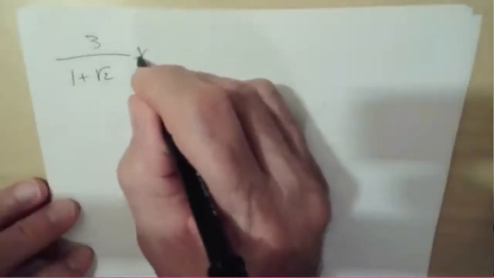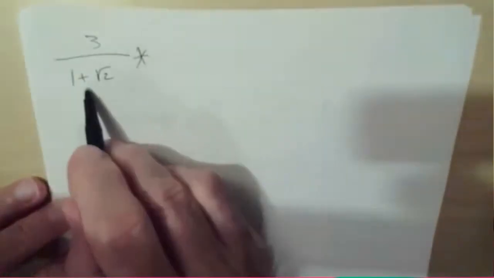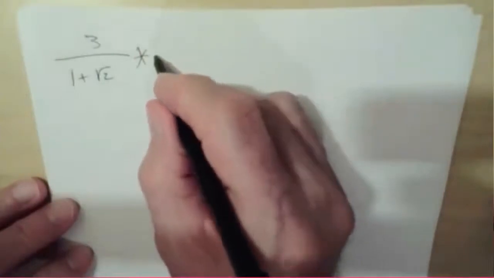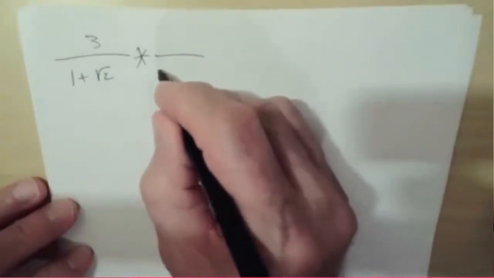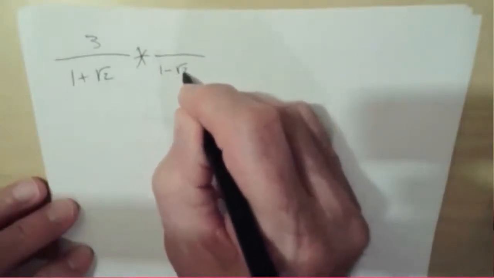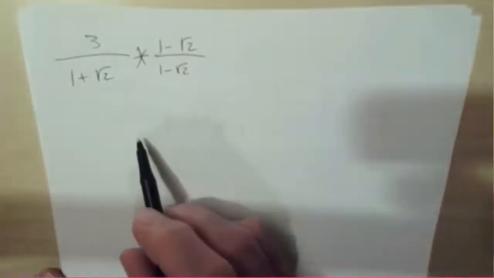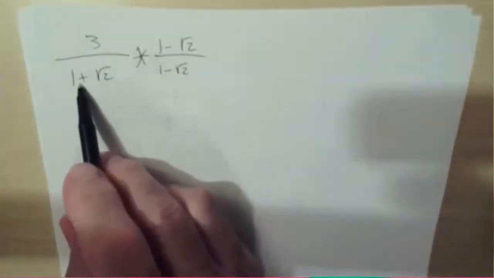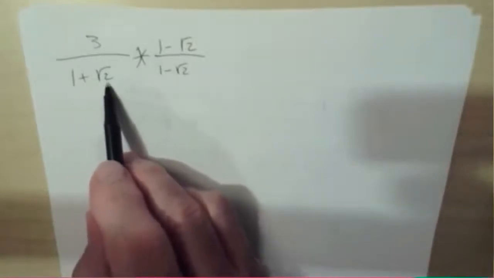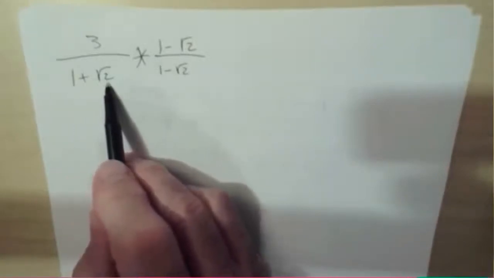So how are we going to get rid of this? We're going to multiply by its conjugate, 1 minus the square root of 2. Okay? Because if you multiply by 1 plus the square root of 2, you're going to get an irrational number in the denominator again, and you have to eliminate that somehow.